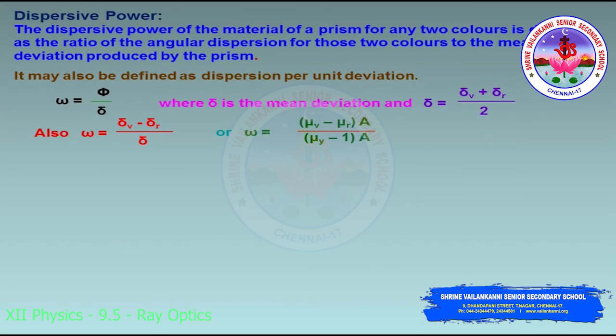How did this come about? From the earlier equation, omega is equal to sigma v minus sigma r by sigma.